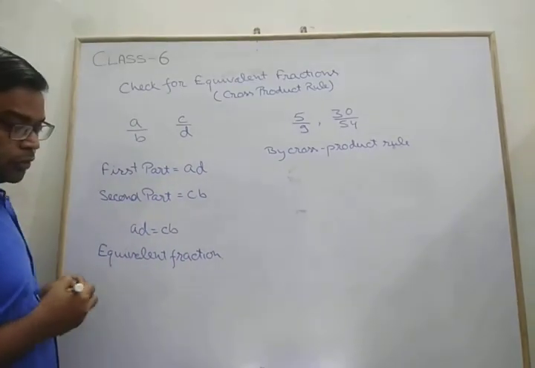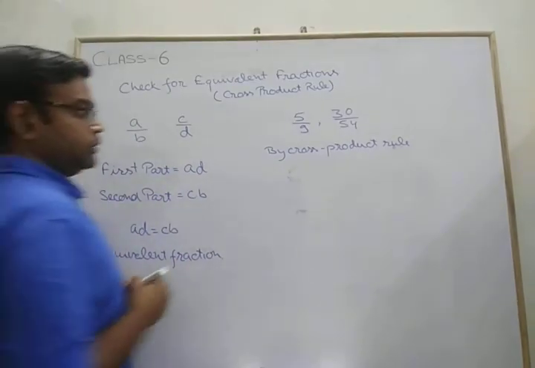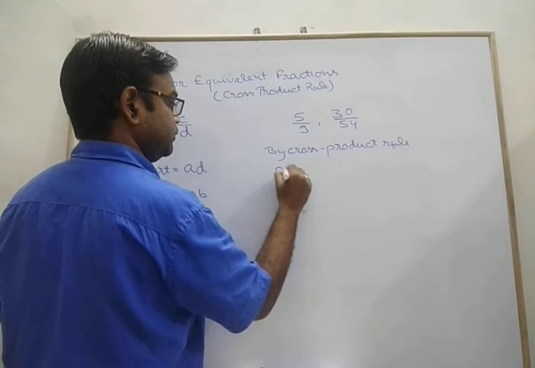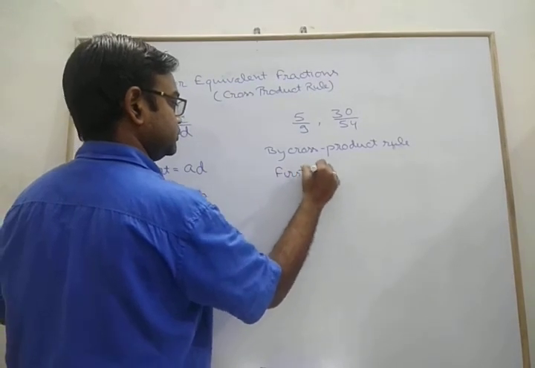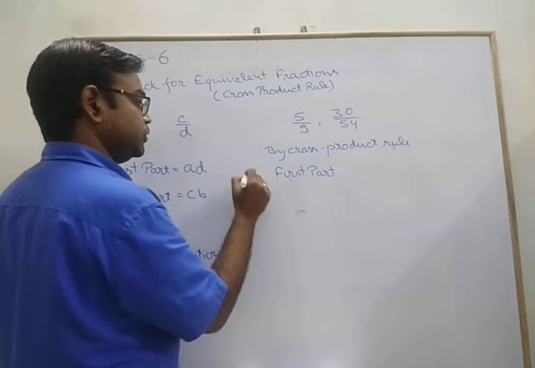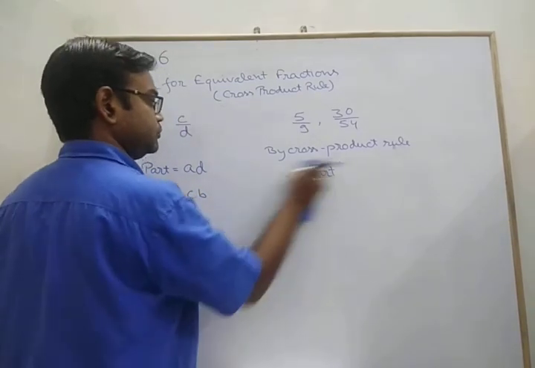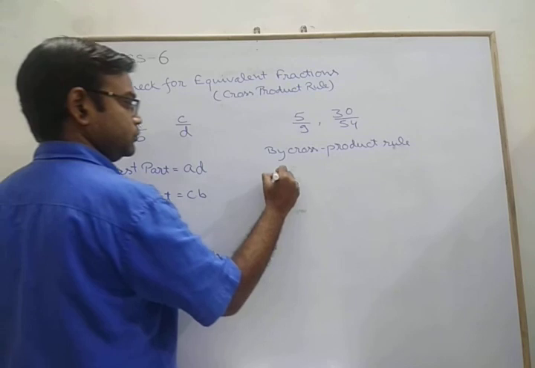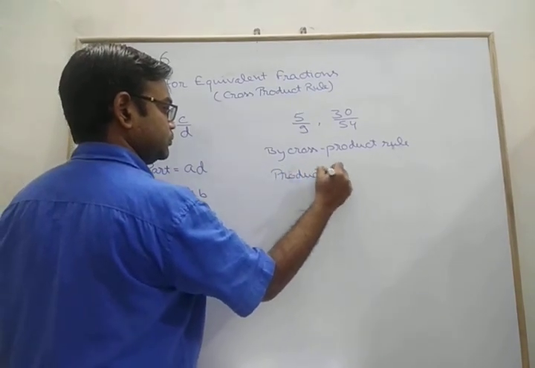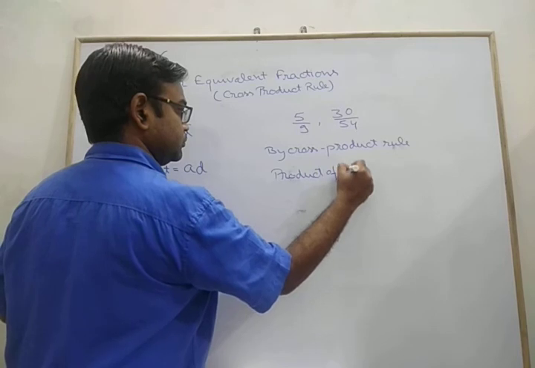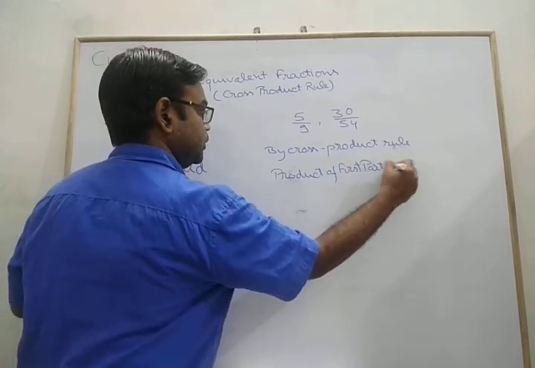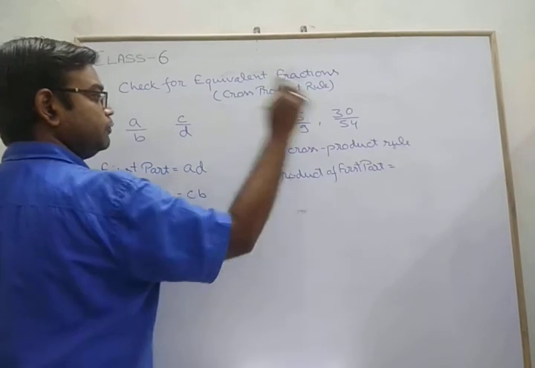By the cross product rule, the product of the first part equals 5 into 54.